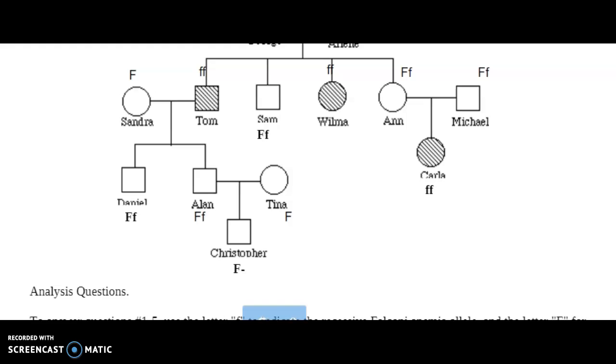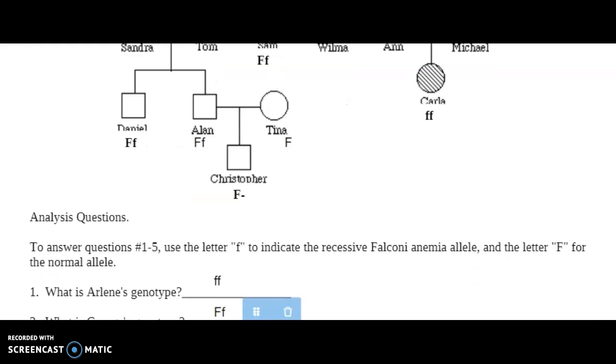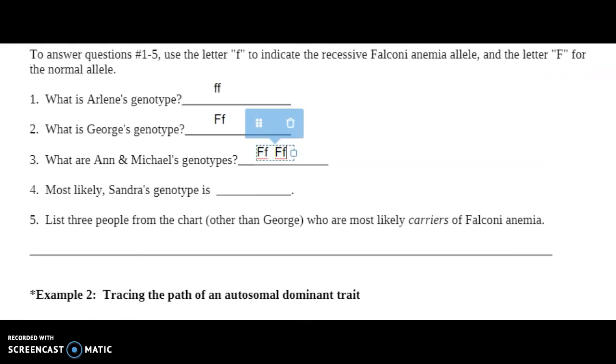But if you're looking at the fact that all of her offspring had it, we could say she's big F, but I would not even venture a guess yet since she has only had two offspring, but for the sake of this, we'll put big F, little f, but not sure at all.